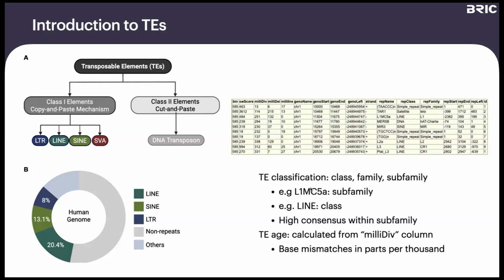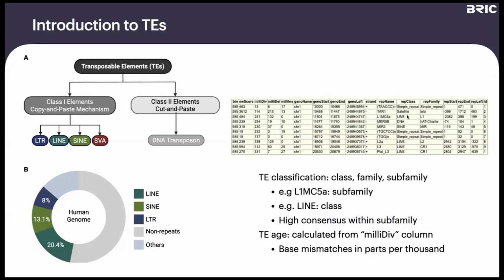The first is the TE classification. As I mentioned, TEs have a lot of copies in the human genome, so they further classify TE loci into class, family, and subfamily based on the sequence composition. If you look at the third row, the TE is located on chromosome 1 from here to here, and the subfamily that it belongs to is L1MC5A.